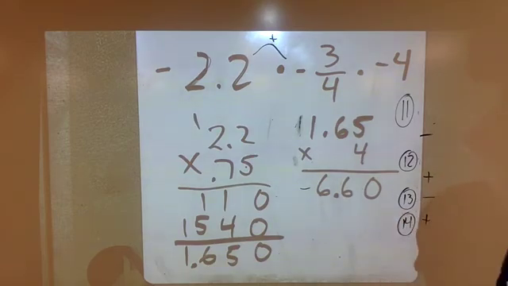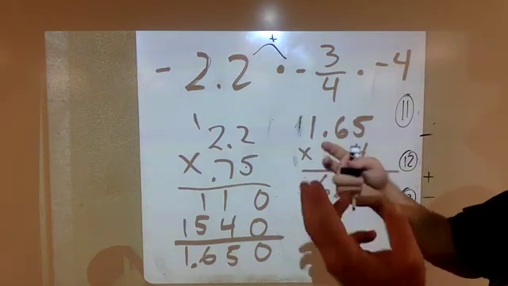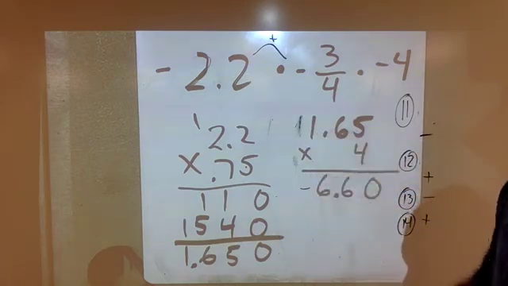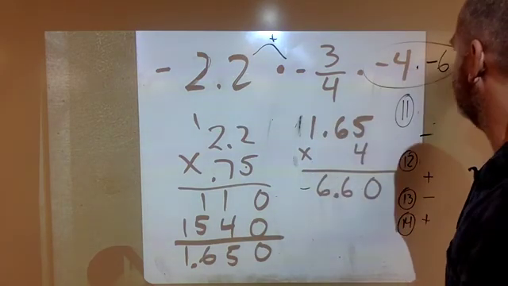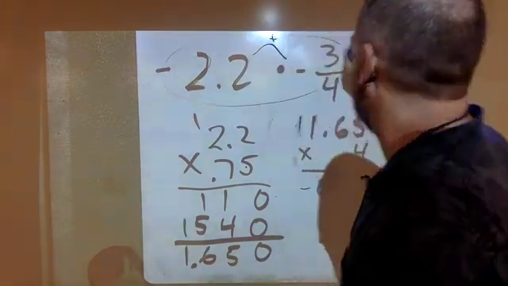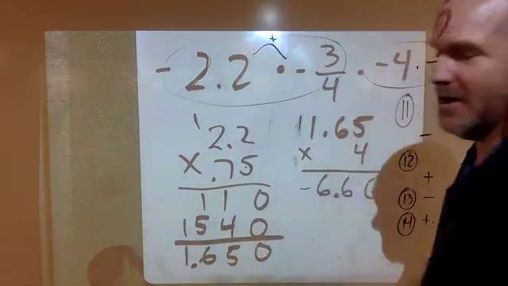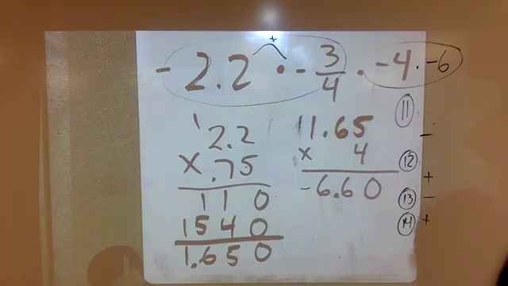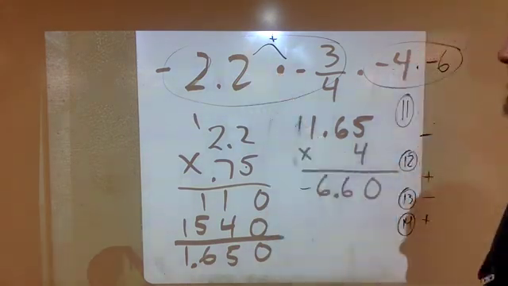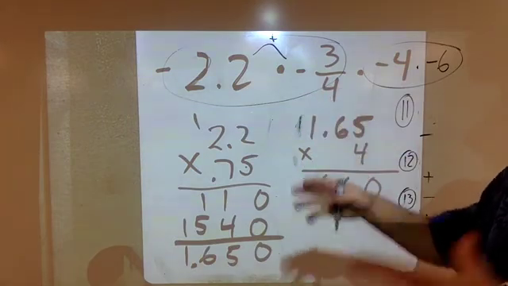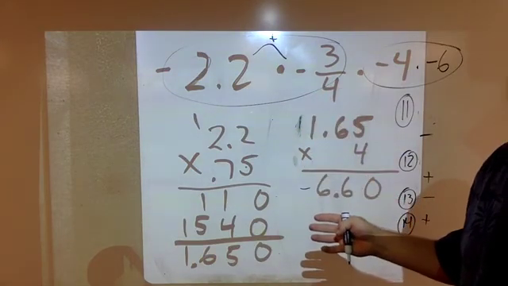Because if you have an even number, you can pair them up all in groups of 2, and they all make positive numbers. Like if you had 4 negatives in a row, these 2 would make a positive, these 2 would make a positive, and then you'd multiply those 2 positive answers together and get a positive. So if you have an even amount of negative numbers, you're going to have a positive answer because you can pair them all up and nobody's left out as the oddball all by themselves.